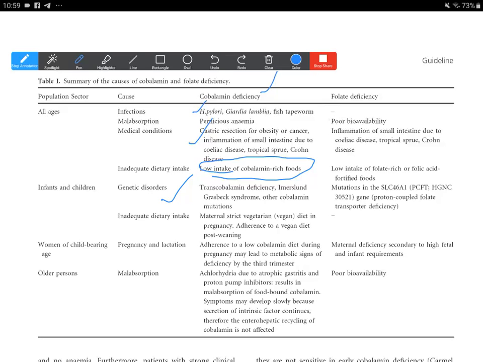So even if the mother was severely cobalamin deficient, this could arise in the child, and by about 3 to 6 months of age the deficiency would become manifest, especially since breast milk is low in cobalamin.